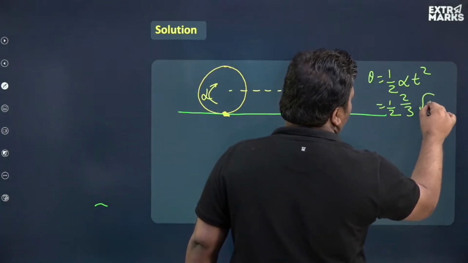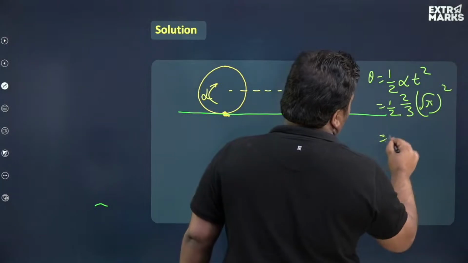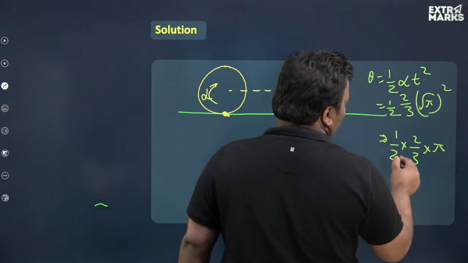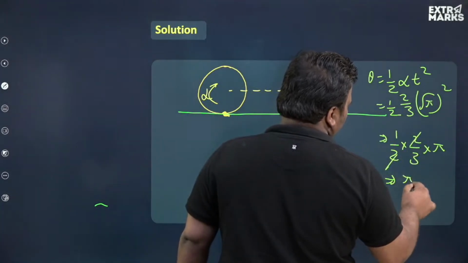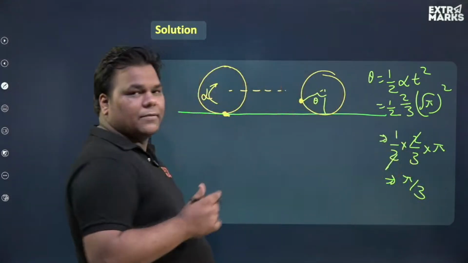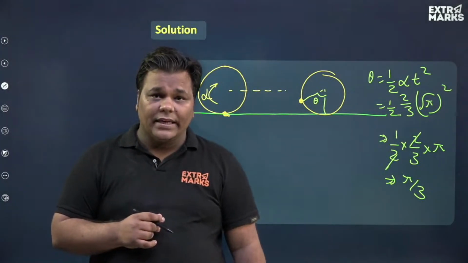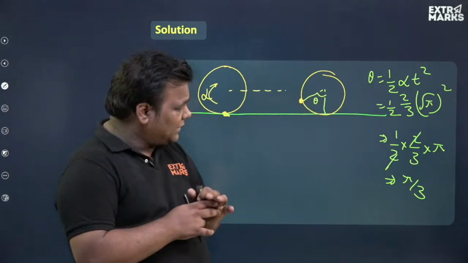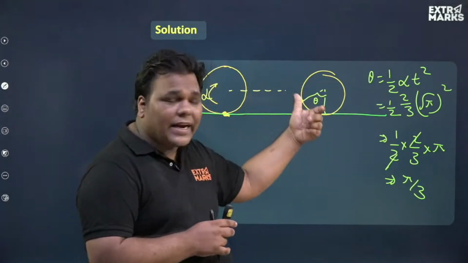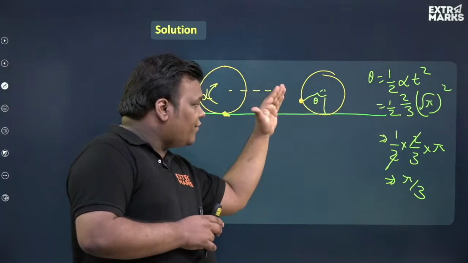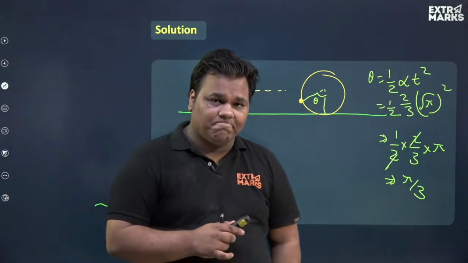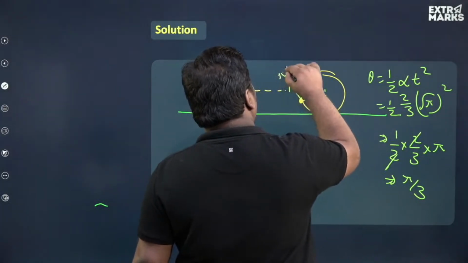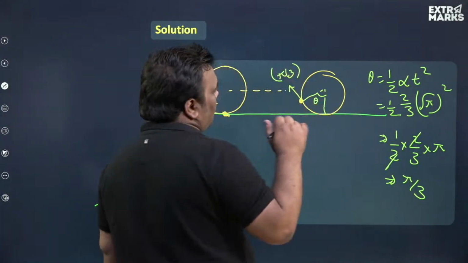What is the value of t? Root pi, so t square is pi. Half into 2/3 into pi, which is pi by 3. So basically this disk is rotating and this particle has moved by an angle of pi by 3. Wonderful.